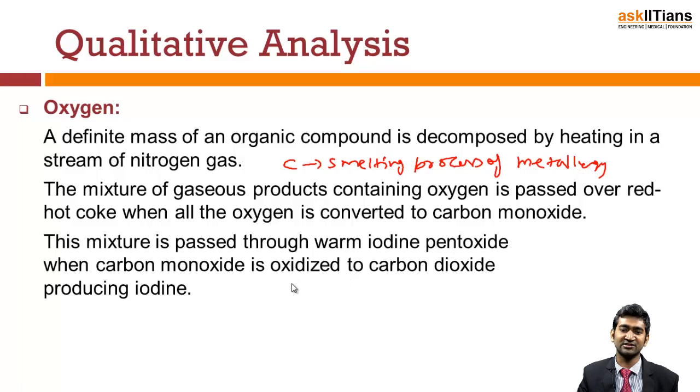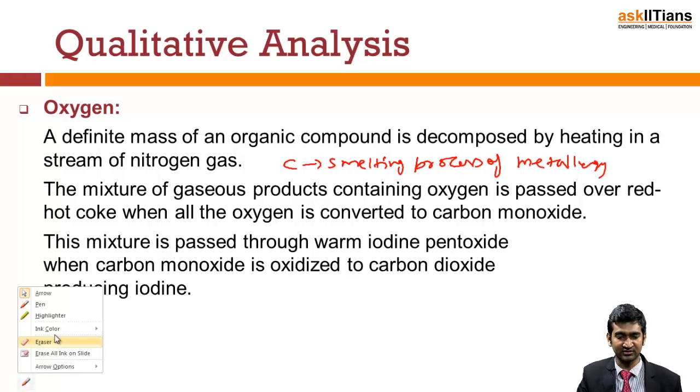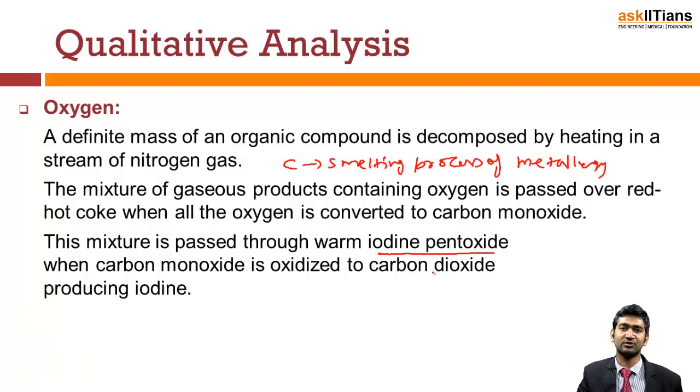Then this mixture is passed through what? Warm iodine pentoxide. If I pass it through warm iodine pentoxide, then the carbon monoxide which is formed gets oxidized to carbon dioxide, which produces iodine. If you add starch to the iodine, it will turn blue-black. That is called the starch test.